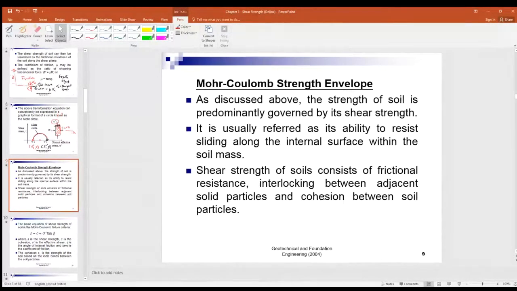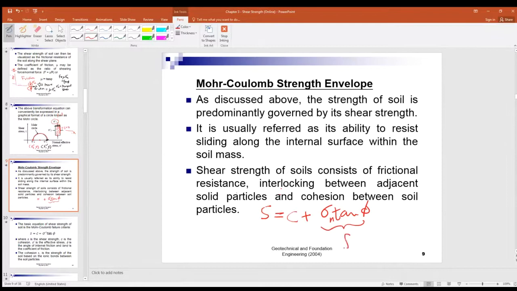In fact, S equals C plus sigma tangent phi.